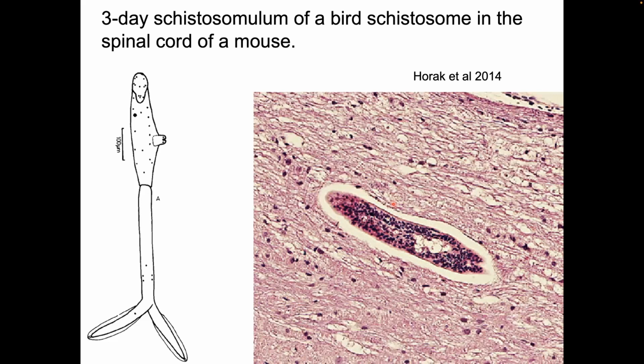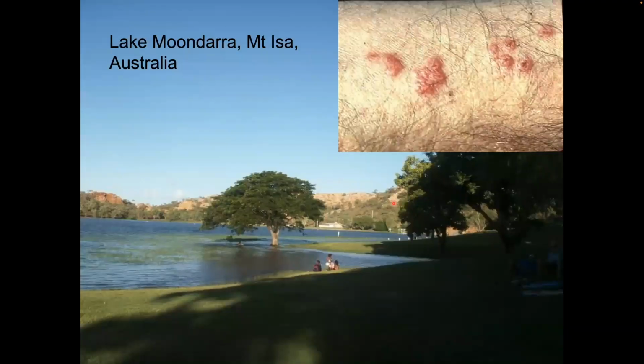It could be these schistosomes getting into the nervous system. So this needs further investigation. That I think is my arm here after exposing myself to some cercariae in this lake in the north of Australia.